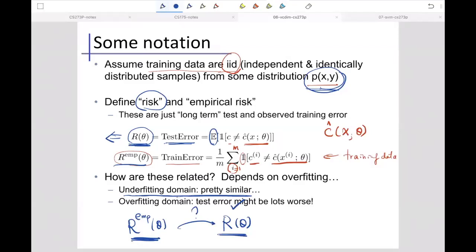However, on the other side, if you are overfitting your training data sets, in that case your empirical risk will be much smaller than the actual risk. Your actual risk could be much bigger than your empirical risk, which means your test error might get a lot worse because you are overfitting your training data sets. So essentially the question everyone always has in mind is: what's the relationship between empirical risk and the actual risk?